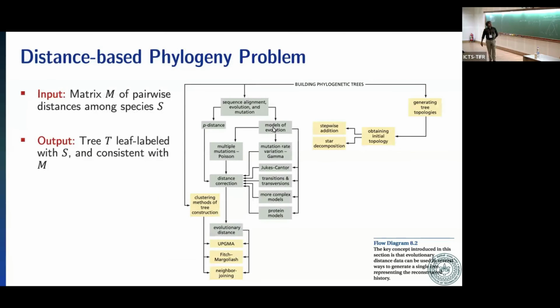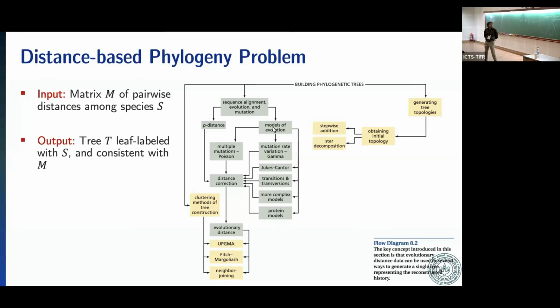Now coming back to the distance-based phylogeny problem, you are starting with a set of sequences. Essentially, you are given pairwise distances that you have computed by first creating the p distance and then converting it to a corrected distance using one of these parametric models.